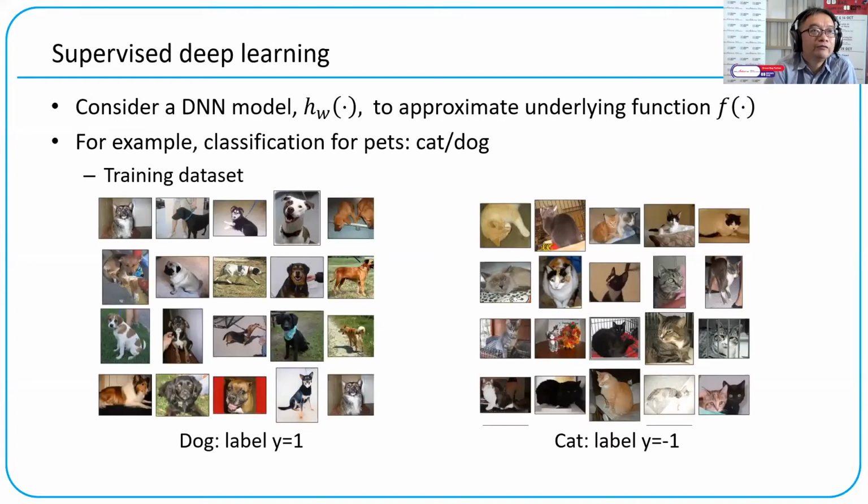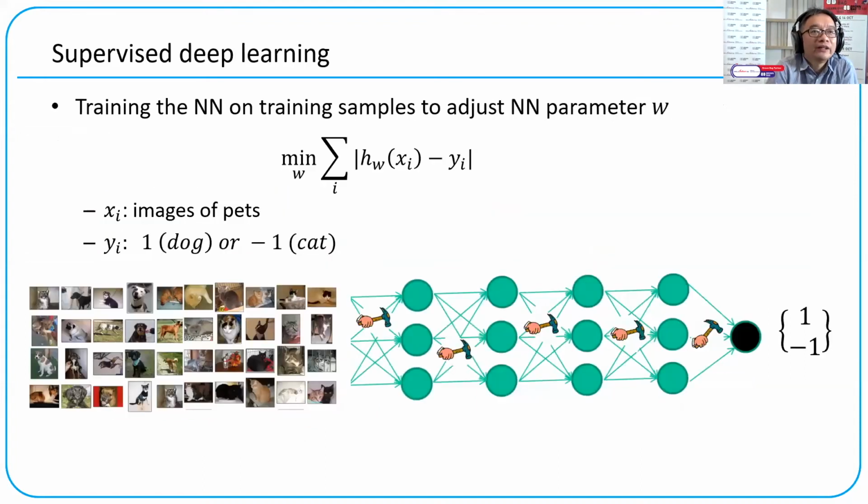So here I give you one simple example called supervised deep learning. I have two classes of images, all images of pets. One is dog, and I use 1 to represent it. The other one is cat, and I use -1 to represent it. Suppose the network is fed with many such images, two classes, cat and dog.